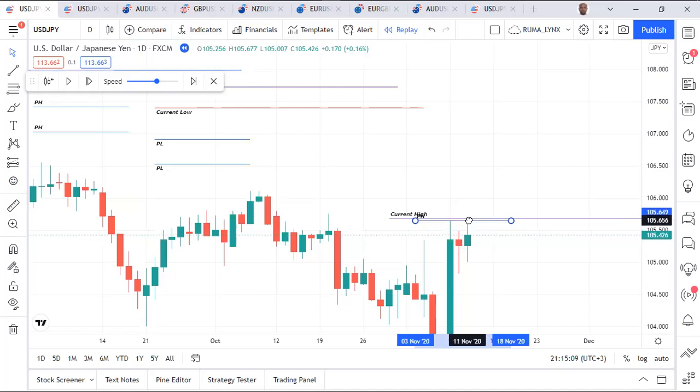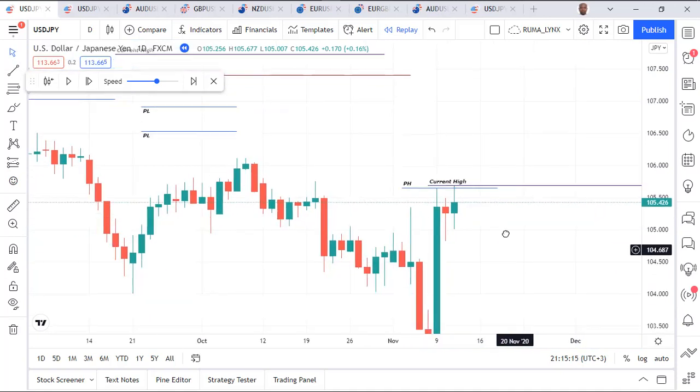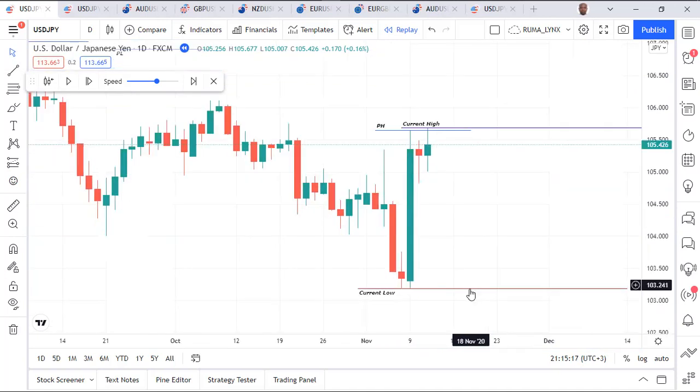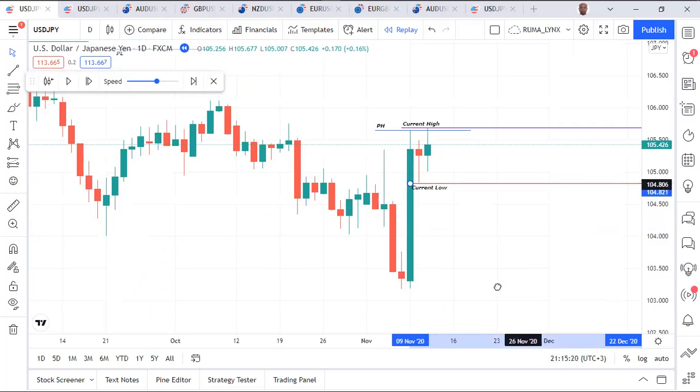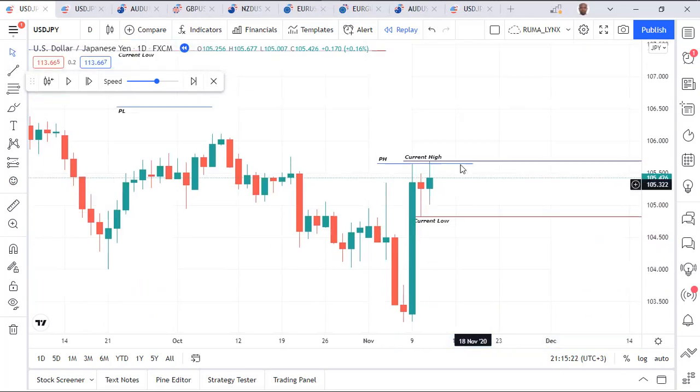The reason why I'm doing this is so that you start noting whether we are ascending or not. So the first sign, as you can see, where I've marked my current high, that's the new impulse. Where I've marked PH, meaning previous high, that is the end of the previous impulse.